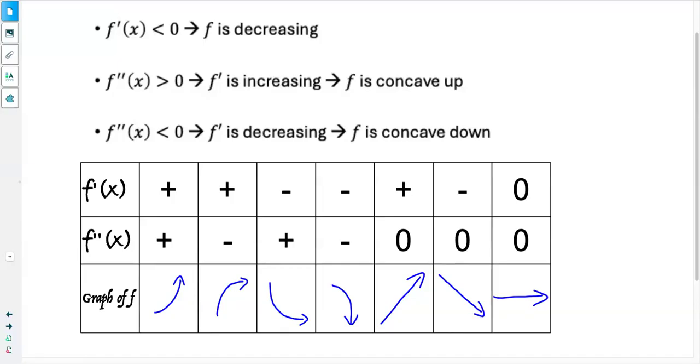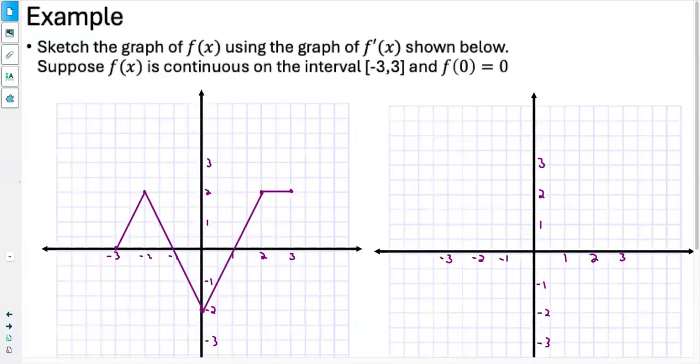So we're going to utilize some of these to help draw some graphs. For example, sketch the graph of f of x using the graph of f prime of x shown below. We're going to suppose f of x is continuous on the interval from negative 3 to positive 3, and f of 0 is 0.